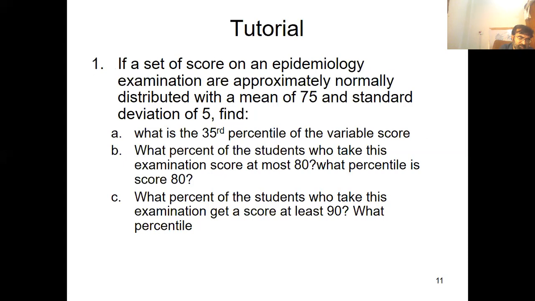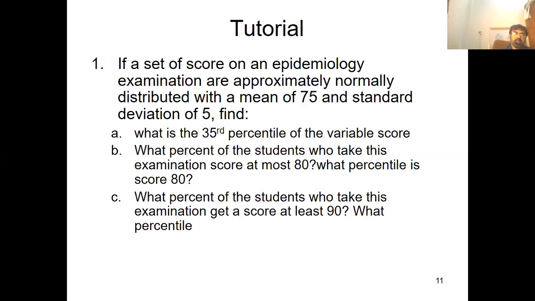For the 35th percentile, the percent of students who take this exam and score at most 80, and the percentile of the 80 score, and then score 90, and what will be the percentile. So for the 90 score, the x is 90 and you have to calculate the percentile.